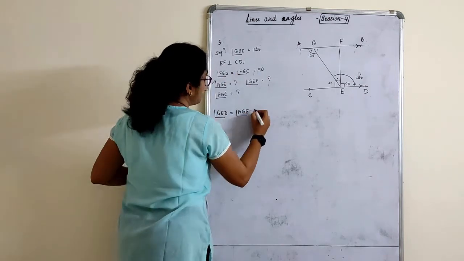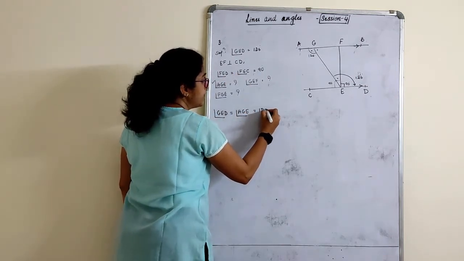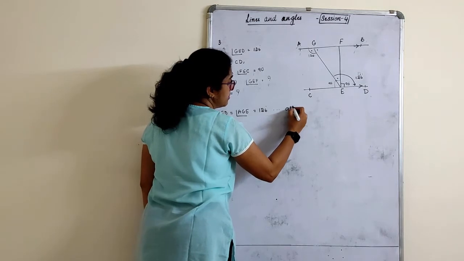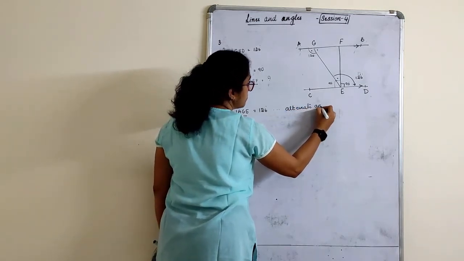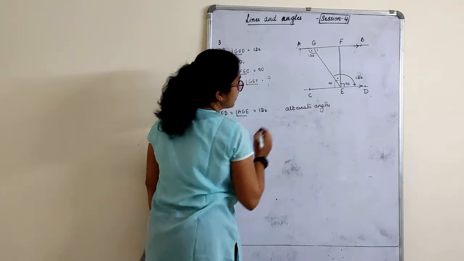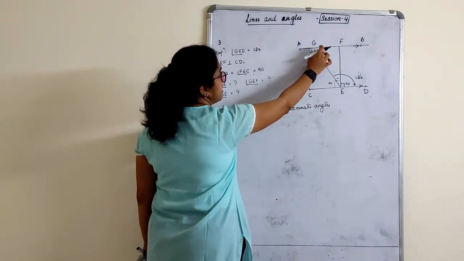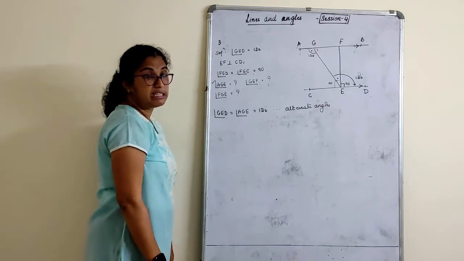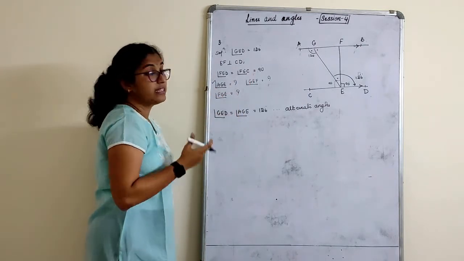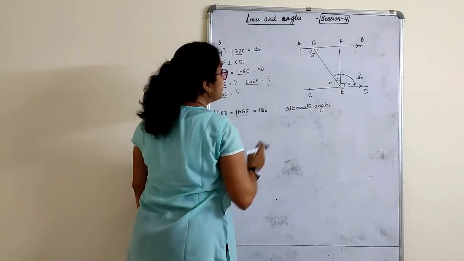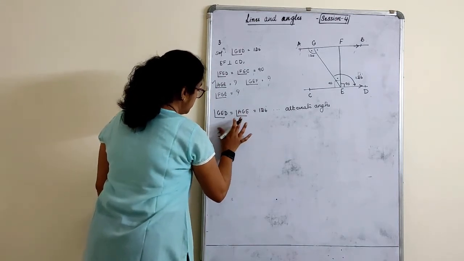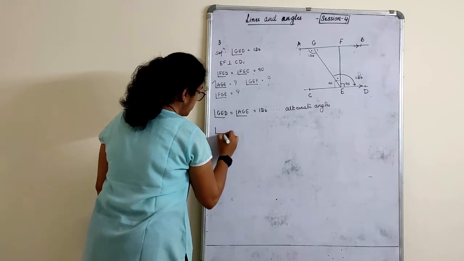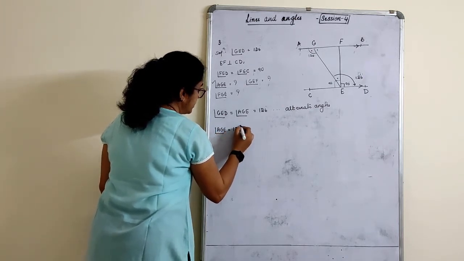AGE part is done, equal to 126 degrees. Reason: alternate angles.